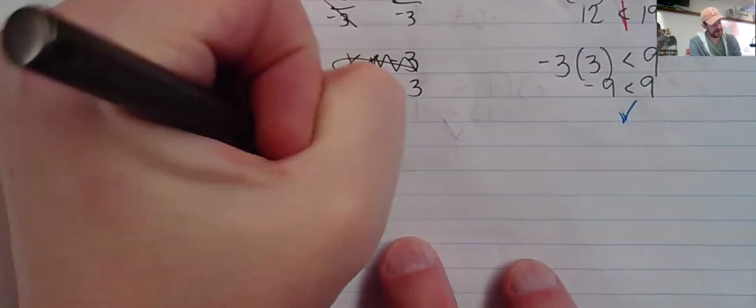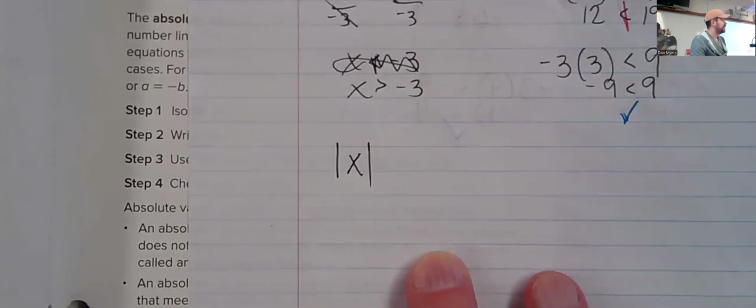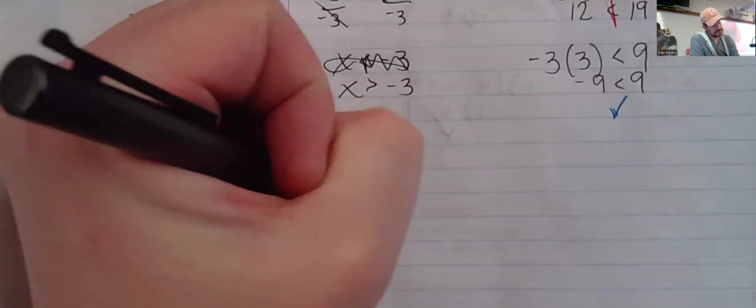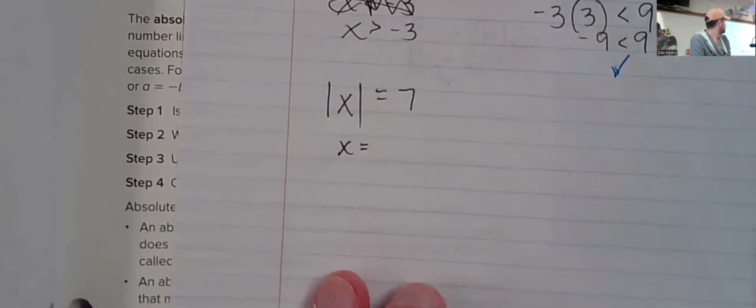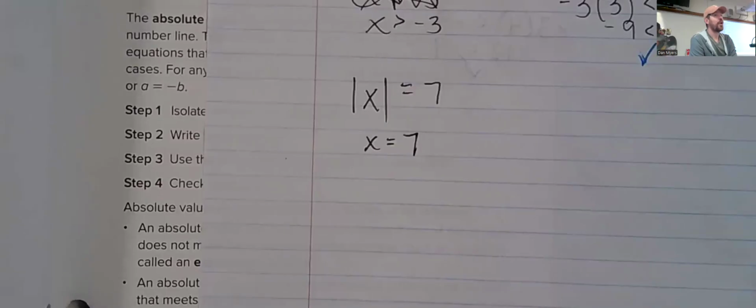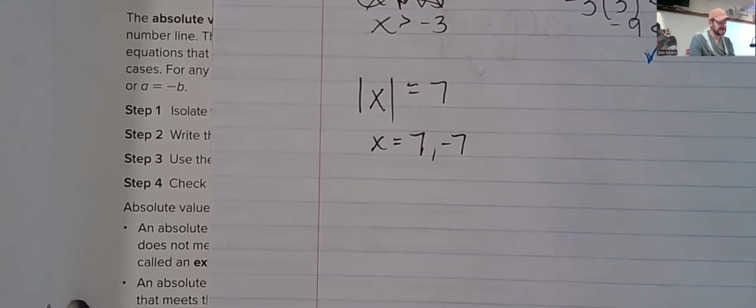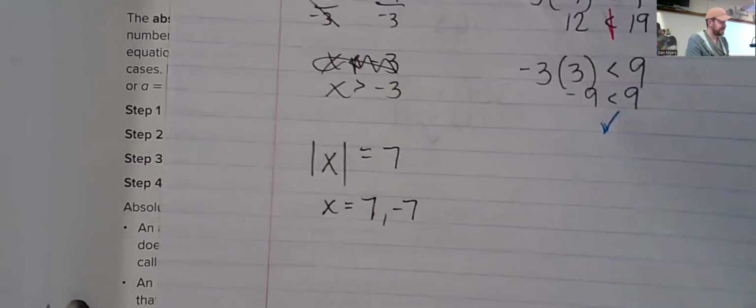If you have the absolute value of some number, and that absolute value happens to equal 7, what is the value of x? What's that? 7. Okay. Or -7.